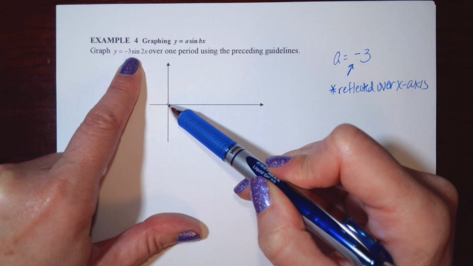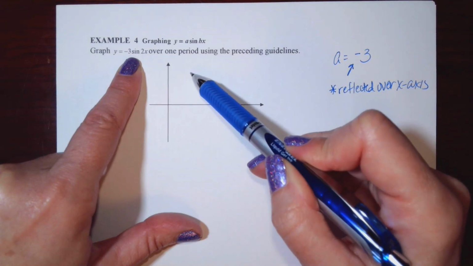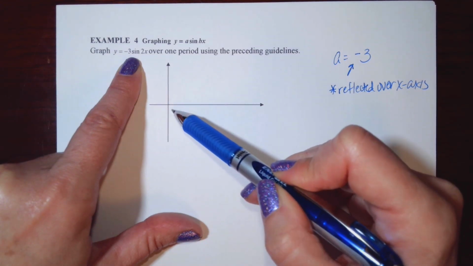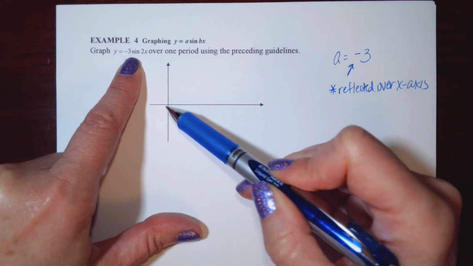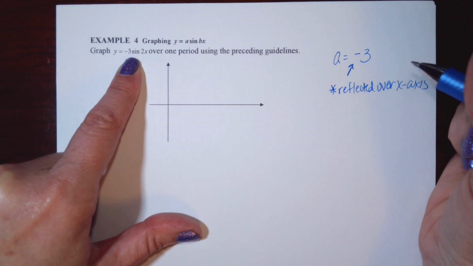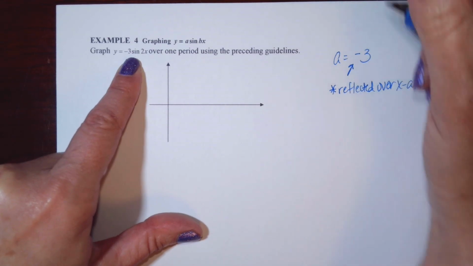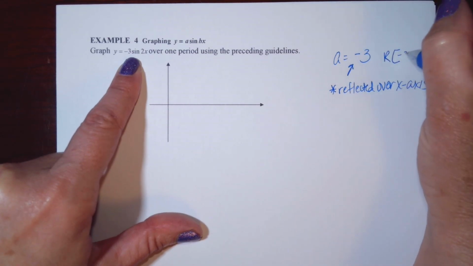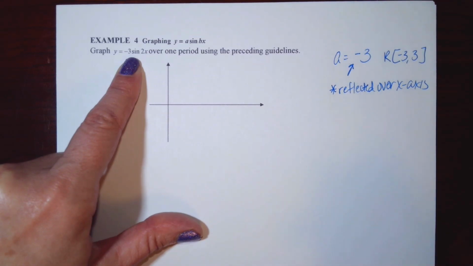Where typically sine starts at center and goes to peak, now sine is going to start at center and reflect over and go to trough, center to trough, and still flow through that wave. My amplitude is 3, so that tells me that the range of my function is going to be from -3 to +3 because center is at 0.